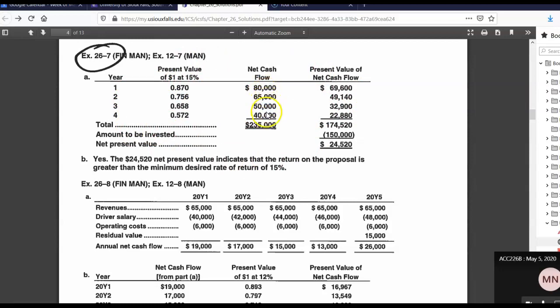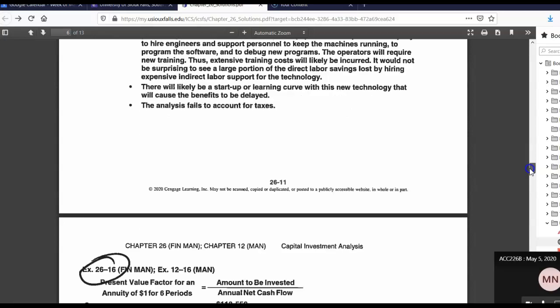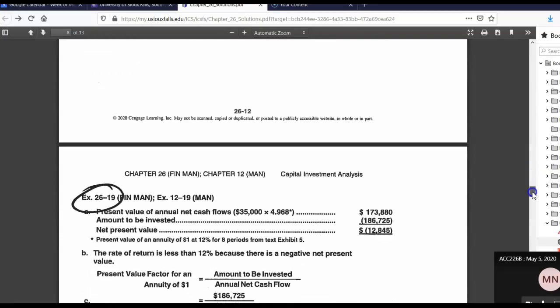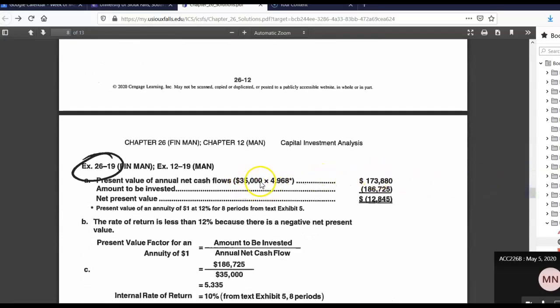If it's a different cash flow every year, we have to list them all out and take it times all the factors. If it's the same, like in number 19, you see, it's an annuity. It's $35,000 every year for all 8 periods. Well, then you can use that annuity table.